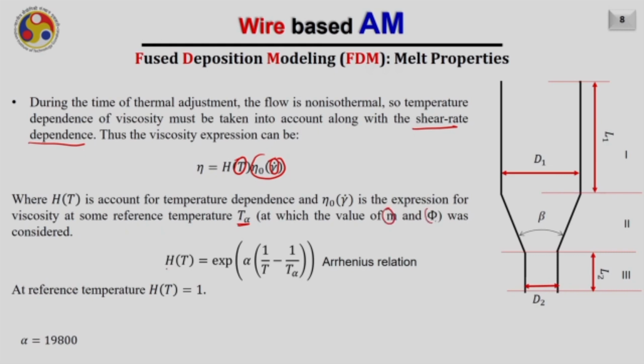Now, of course, this function HT can be given as exp[alpha (1/T minus 1/T alpha)]. This is also called the Arrhenius relation, at the reference temperature where HT is equal to 1.